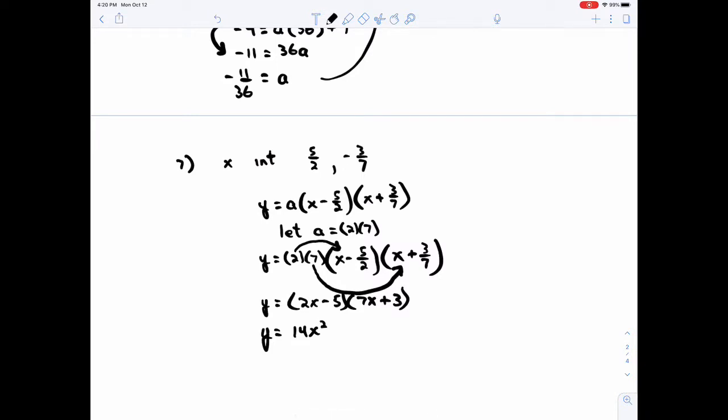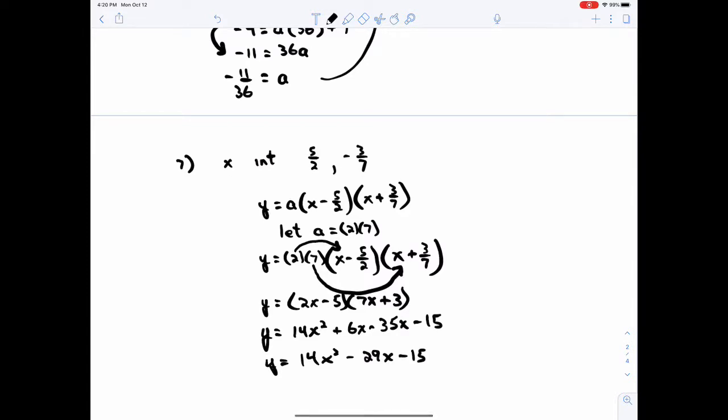And I'm going to multiply this all out, but you should be able to do this in your head. Plus 6x minus 35x minus 15. Or y equals 14x squared minus 29x minus 15.